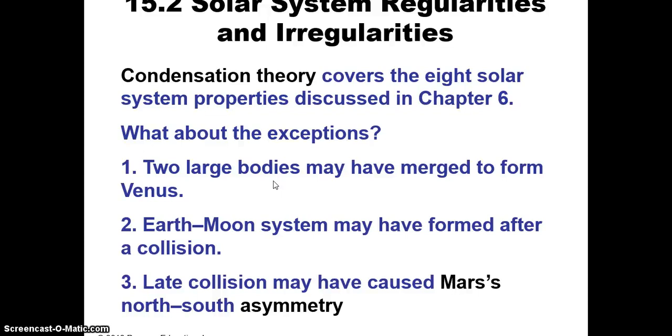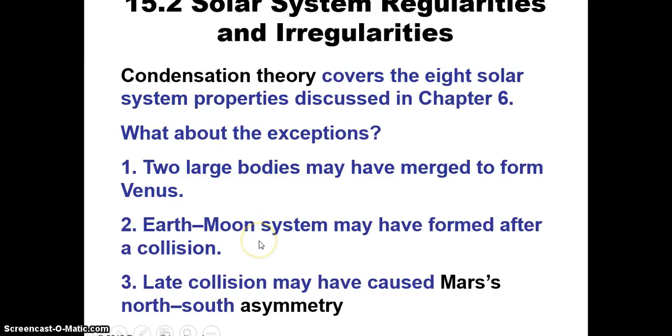It's rotating about its own axis in a clockwise manner, which we sometimes call retrograde rotation. And that's very strange. We really think that somehow two large bodies collided or merged to eventually form Venus, and that's what got it rotating the wrong way, if you will.